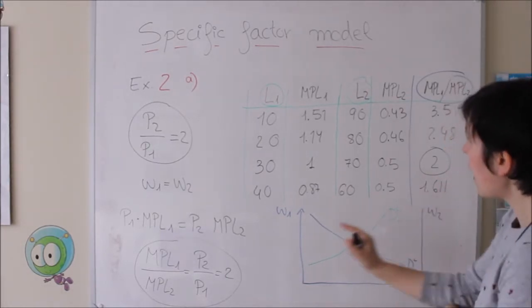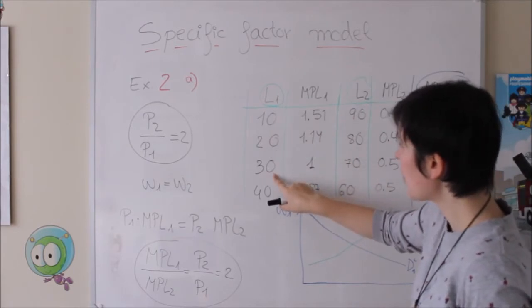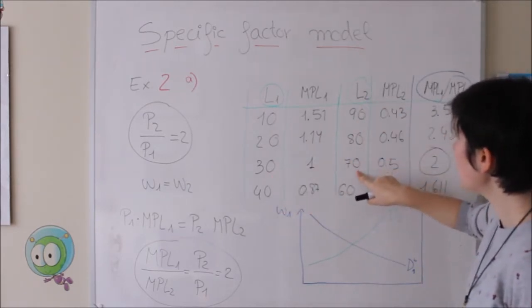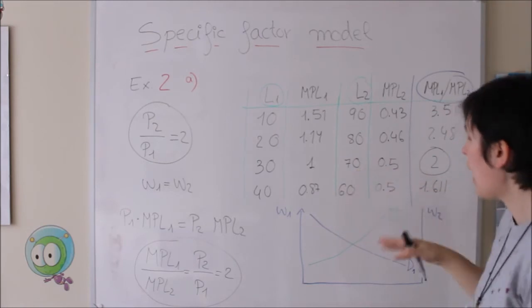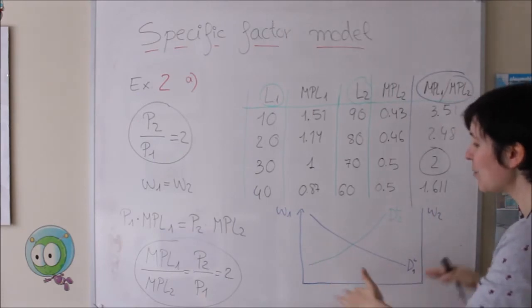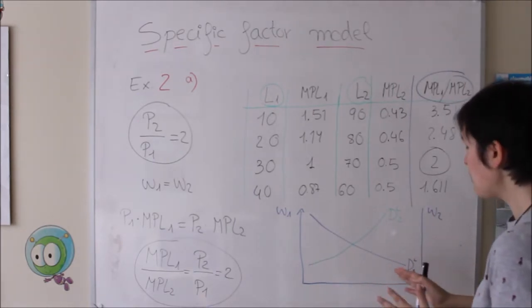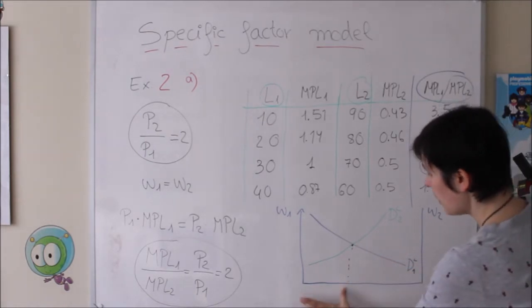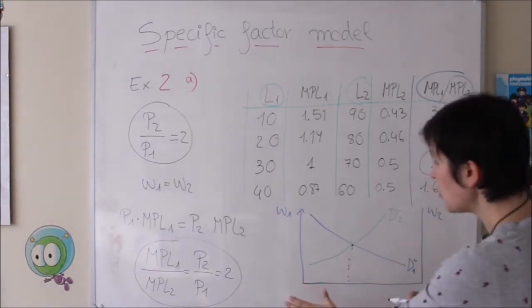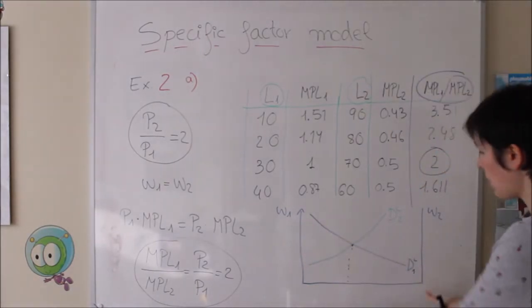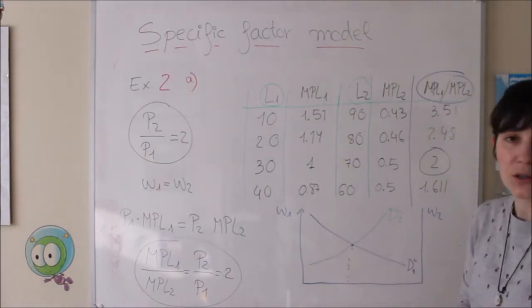So that means I have for industry 1, 30 units of workers, while for industry 2 it is 70. I already know more or less the results. That's why when I was drawing my curve, I put the equilibrium at a point like this, where this is smaller than this, because this is going to be the amount of workers in industry 1, while this is the amount of workers in industry 2.